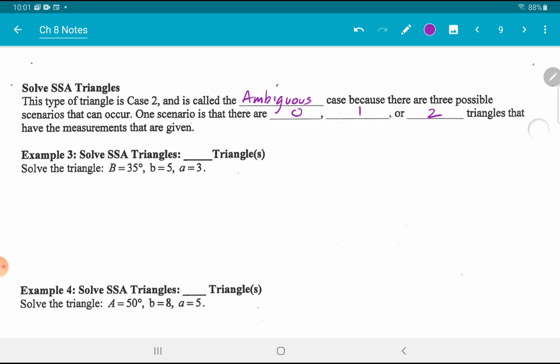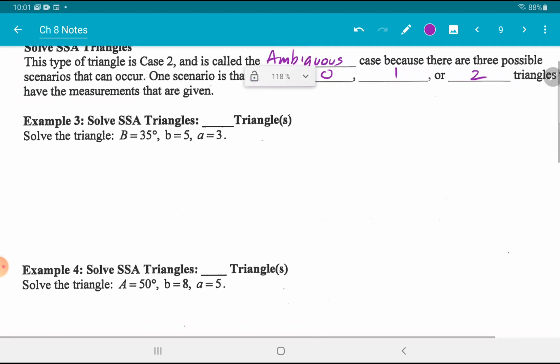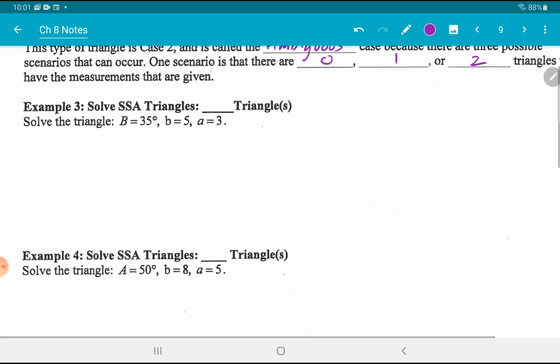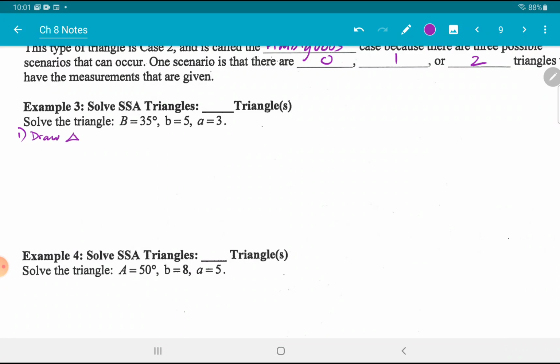When it comes to finding out how many triangles you have, I want to be very clear with this. When you are solving these triangles, the first thing you should do is visualize. Draw the triangle, and look at the parts given to you.